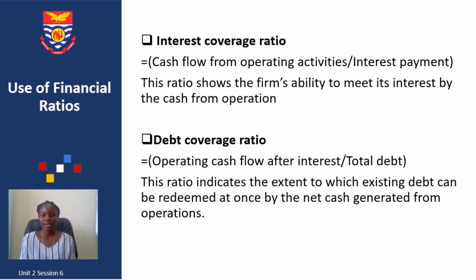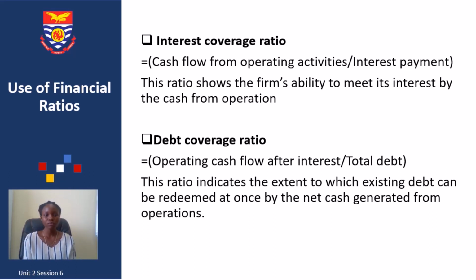So a higher interest coverage ratio is more desirable because it would show that the firm is able to generate enough cash from its operating or its core activities in order to meet its interest payments, and that is a good sign because it shows that the firm will be able to cover its interest payments for the accounting period.